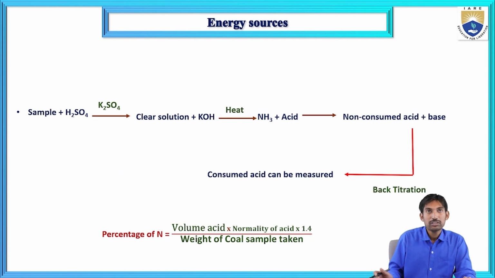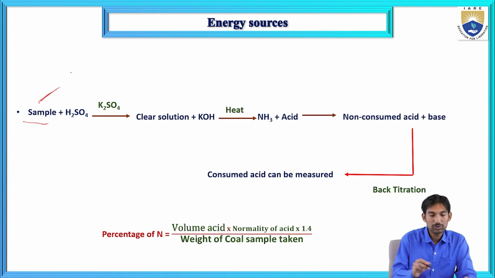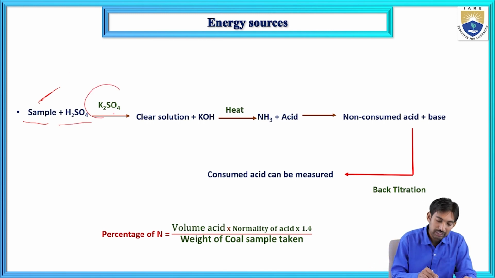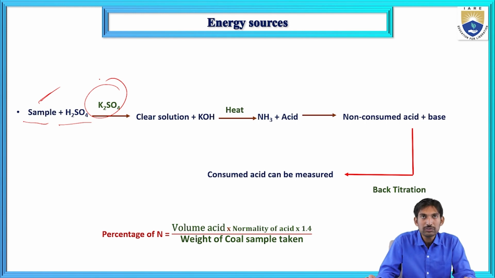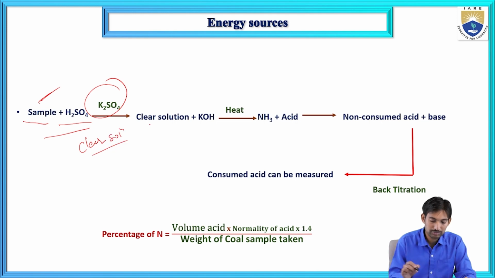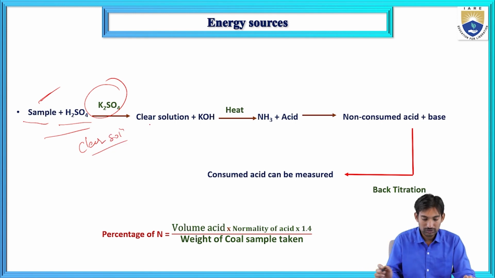See what happens. The coal sample is heated with H2SO4 in presence of catalyst K2SO4, potassium sulfate. In the first step, it forms a clear solution. Then we treat it with excess of KOH.